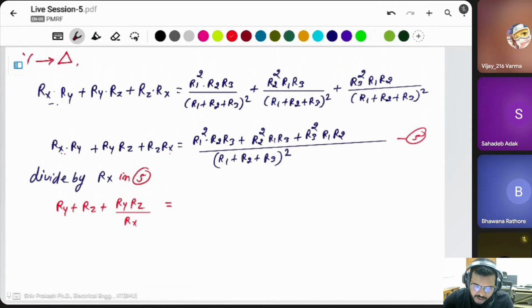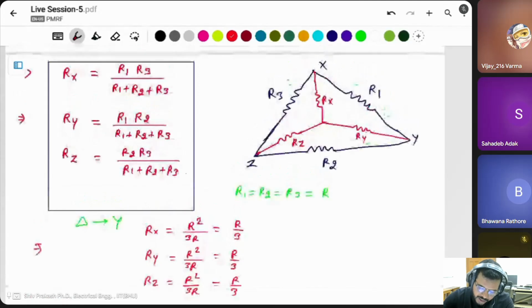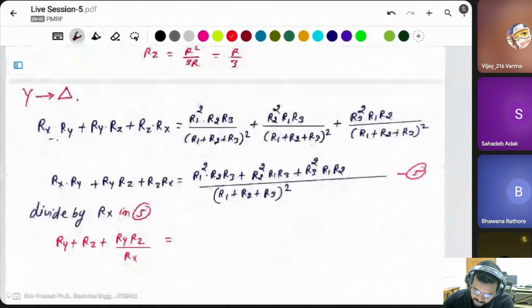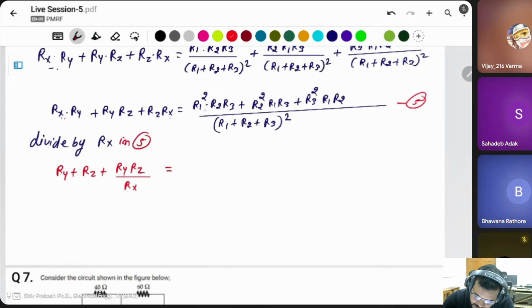What is the Rx? Rx is R1 R3 divided by (R1 plus R2 plus R3). Okay. Then in this case you can take R1 common here, R1 in all the terms, R2 in all, R3 in all.